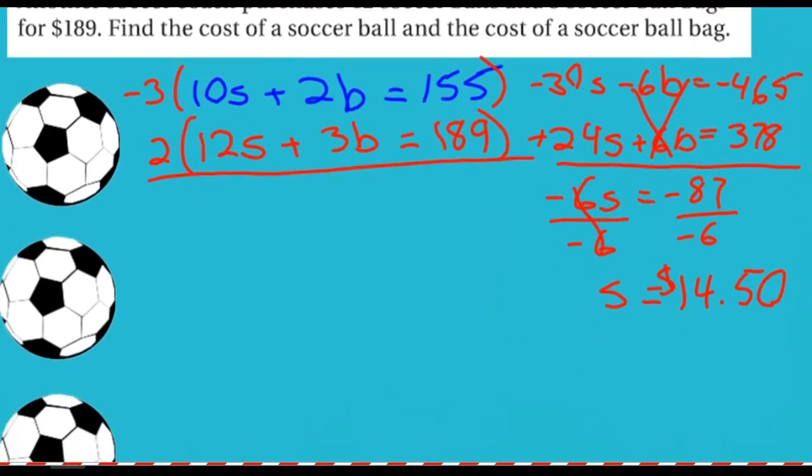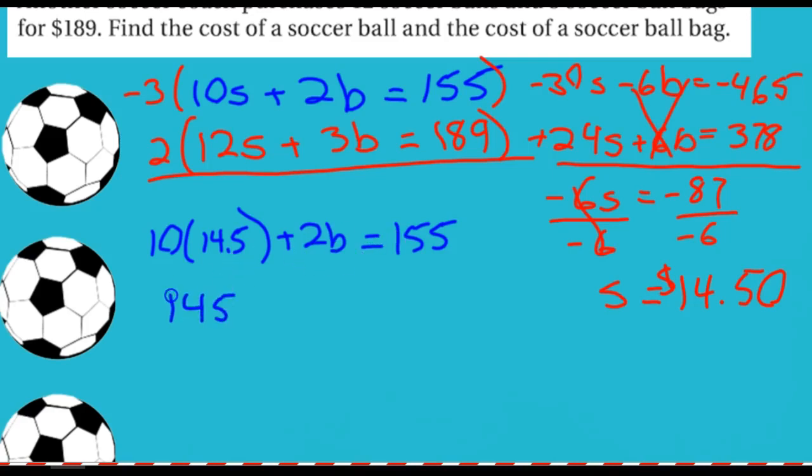Now I have to put that $14.50 back into one of my equations. So I'm going to put it into this top one. So 10 times 14.5 plus 2B equals 155. 14.5 times 10 gives a 145 equals 155.